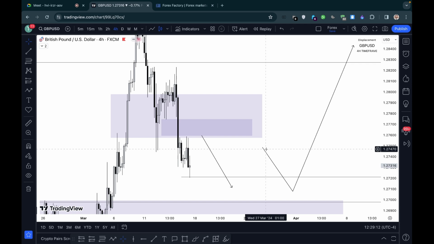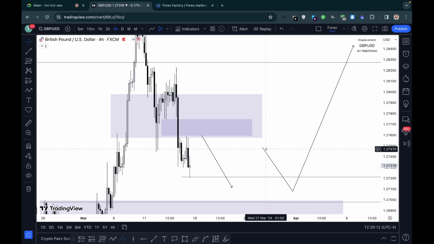So this is a weekly. If price came to this weekly fair value gap and does some change in state of delivery, then I will target this fair value gap. That could be the idea. But it's very difficult to say right now what you can do, as price has disrespected this bullish fair value gap and created a bearish one.